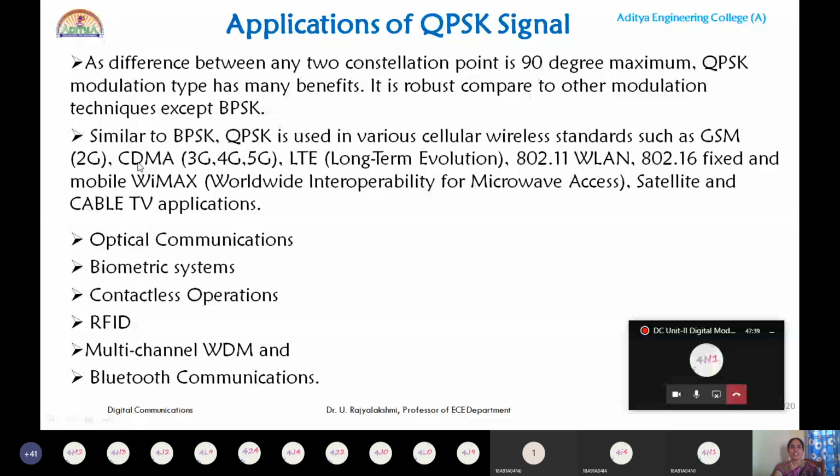Similarly LTE, long-term evolution, is used in 4G applications, and the IEEE standards 802.11 for wireless LAN, and IEEE Worldwide Interoperability for Microwave Access, WiMAX, which is the IEEE standard used for mobile communication. Next, satellite and cable TV applications. So in a variety of these kinds of applications, the QPSK signal is used.